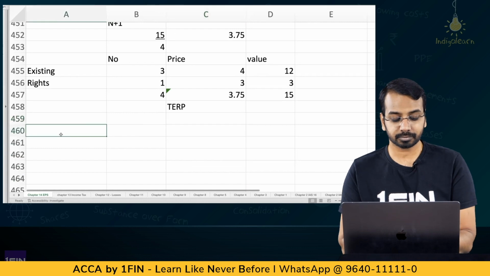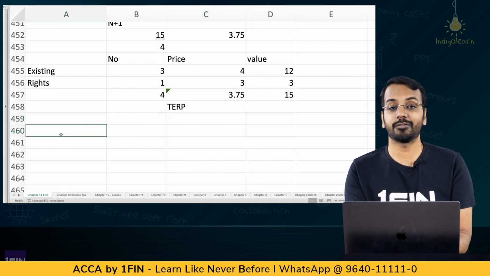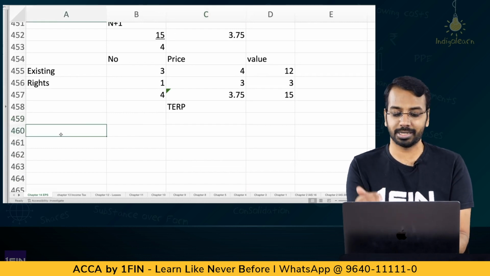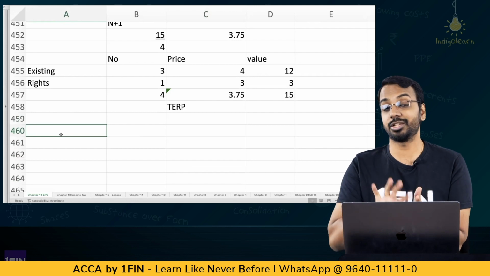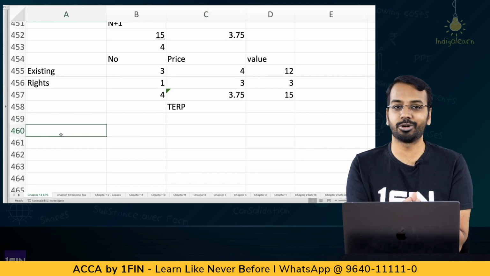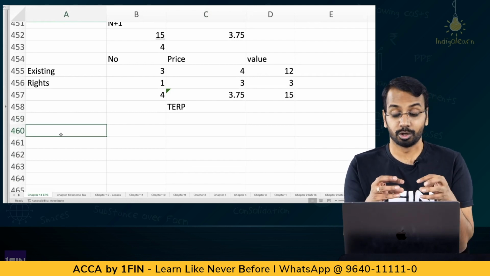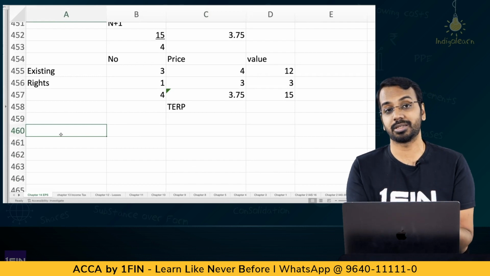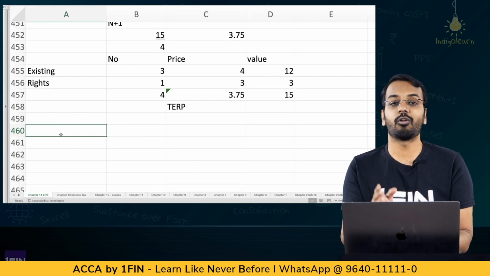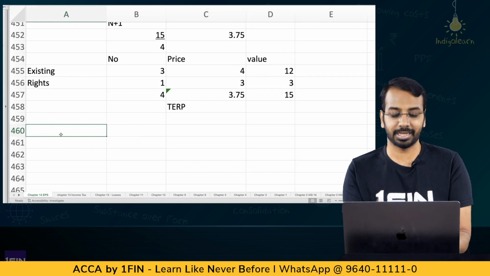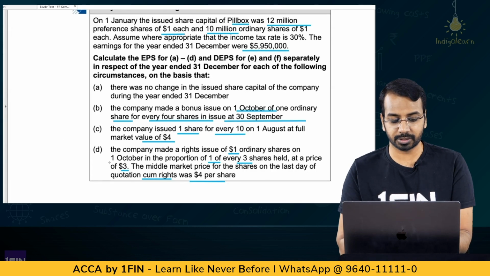And for the calculation of earnings per share, we know for rights issue there are 2 components: shares issued at full price, shares issued without any consideration. So to identify the shares issued without consideration, we need to know what is the adjustment factor. That is what we need to calculate. Now here the shares have been issued on 1st of October.